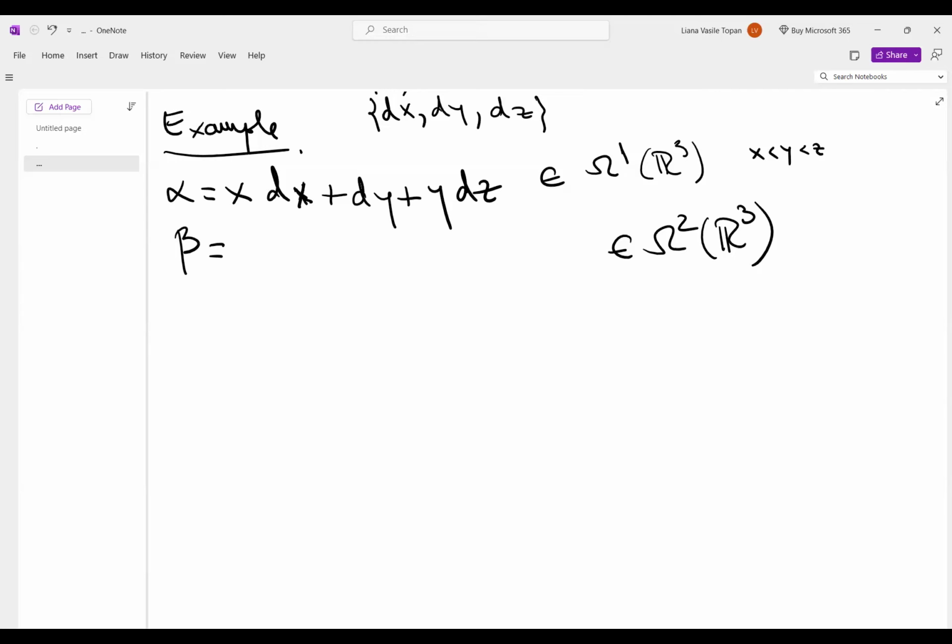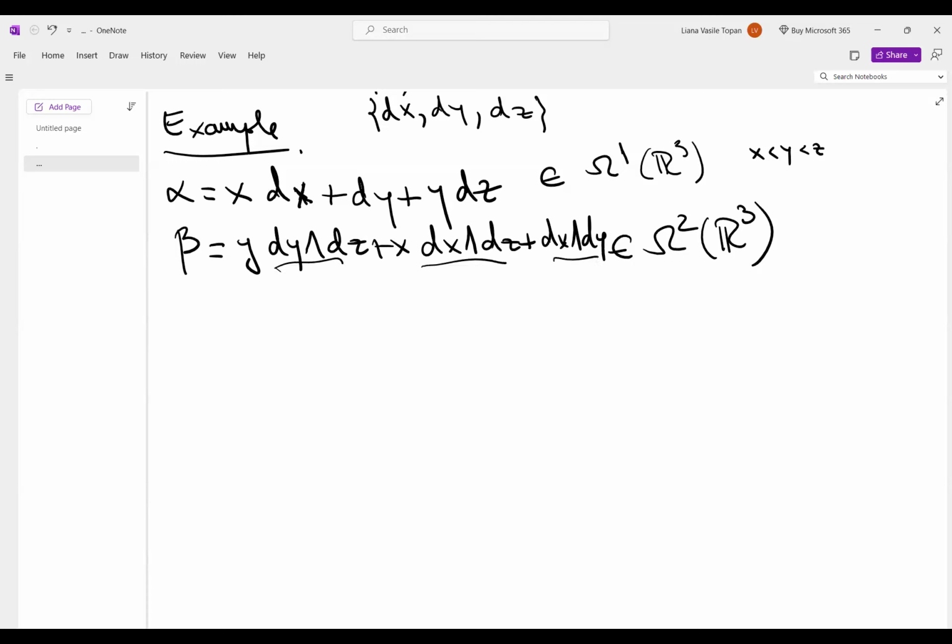So you will need something with dy dz. So let's say y dy wedge dz plus x dx wedge dz plus, I'm going to take a dx wedge dy. Okay, so this is a 2 form on R cube. So you see it's a linear combination of these wedge products of 2 forms, right?